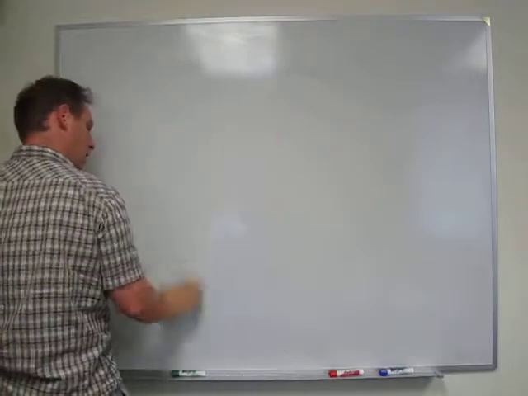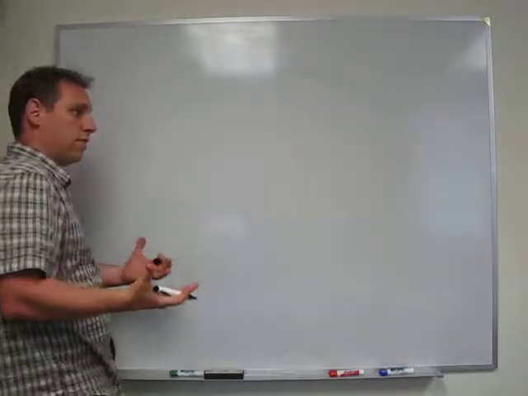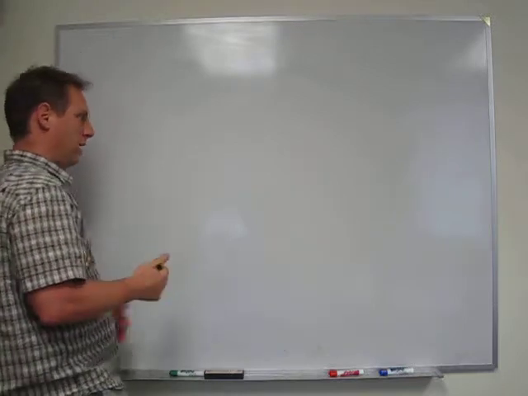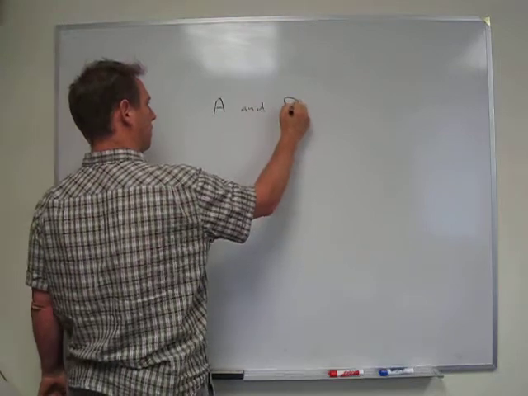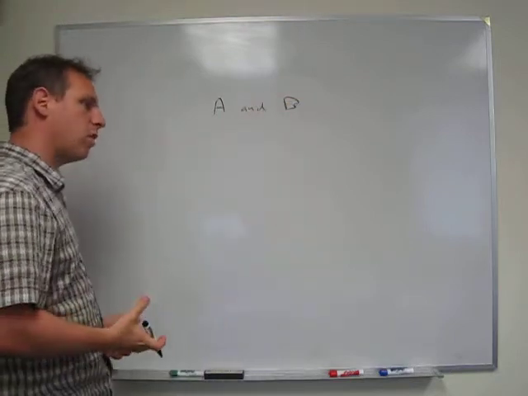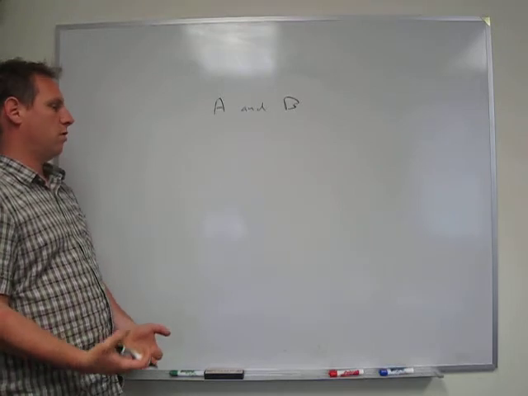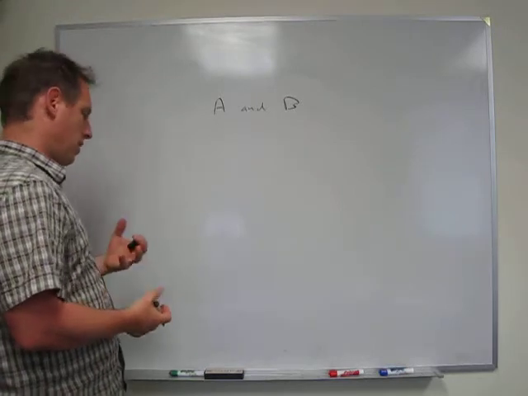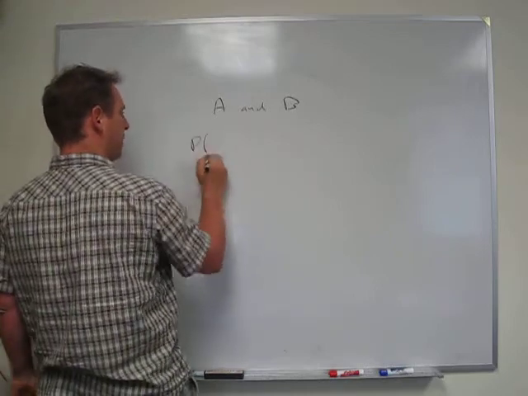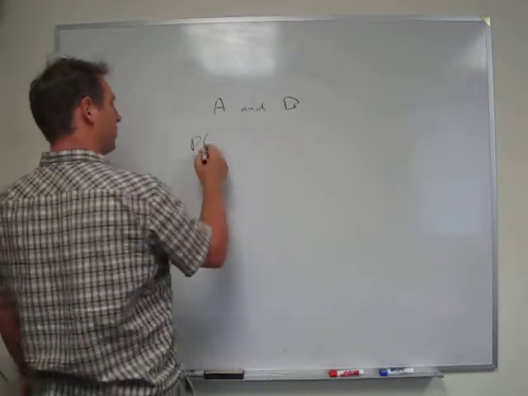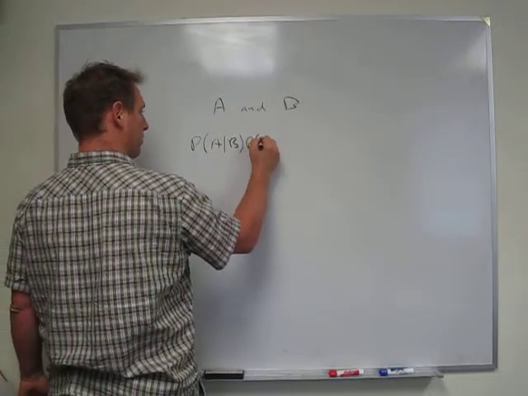Now, let's just think about two different things that could happen. Let's just call them A and B. Now, if we wanted to say what is the probability of A and B happening, that could be given in two different ways. You could say the probability of A and B happening is the probability that A happens given B has happened times the probability of B happening.